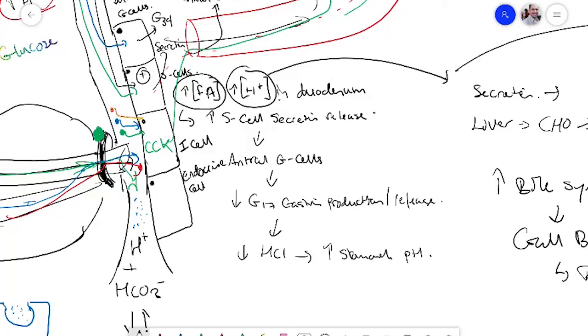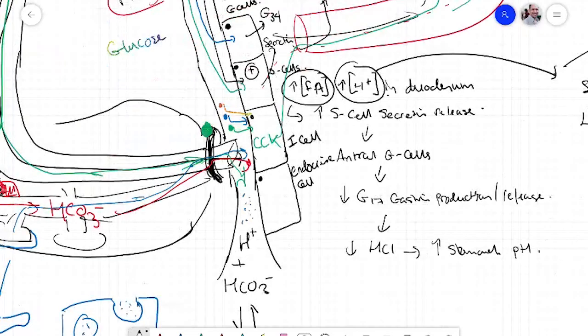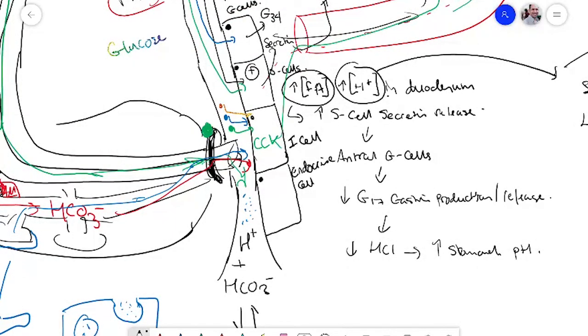Okay, now the endocrine cell is going to respond to, where on earth am I going to draw this? Okay, let's just do a little bit down here. So the endocrine cell is going to be responding to distension of the duodenum, distension from lots of chyme.